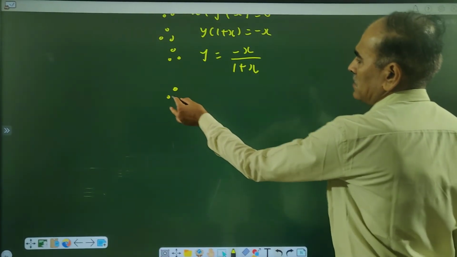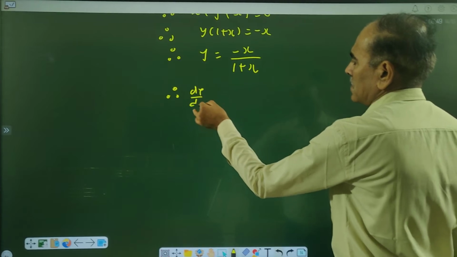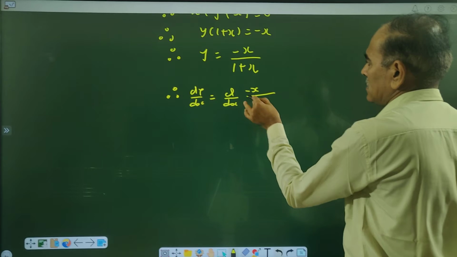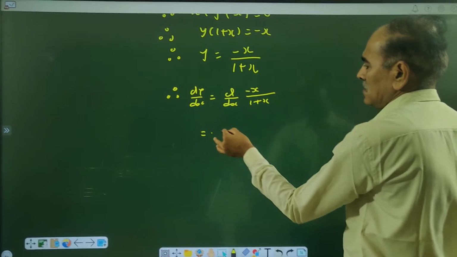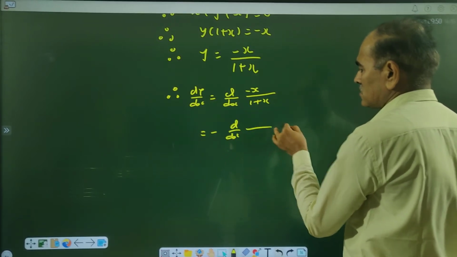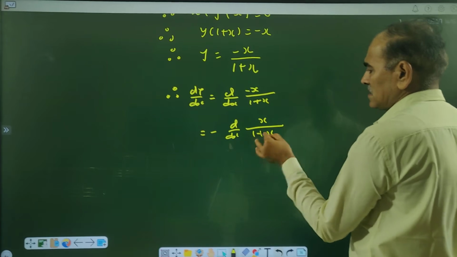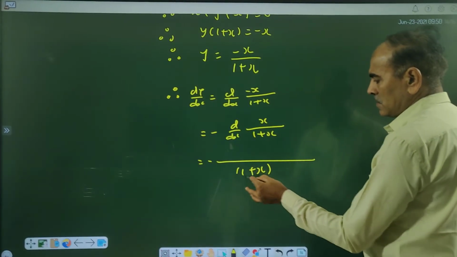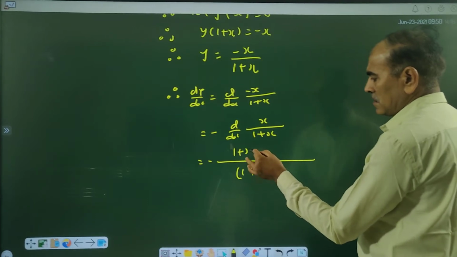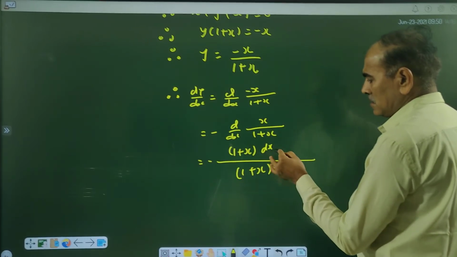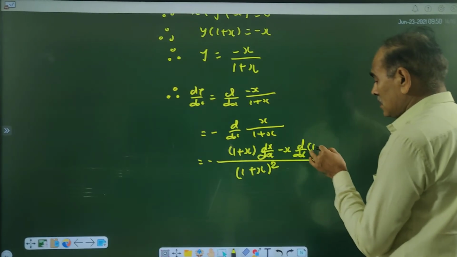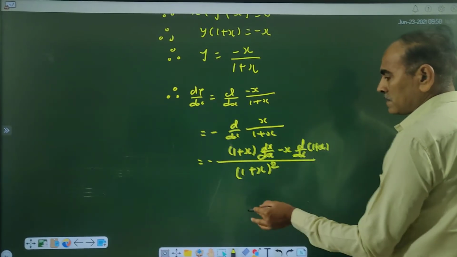And therefore what we get? dy by dx is equal to d by dx of minus x over 1 plus x. We can take the minus sign common also. Apply the division rule: denominator as it is, derivative of numerator, minus numerator as it is, derivative of denominator, over denominator whole square.